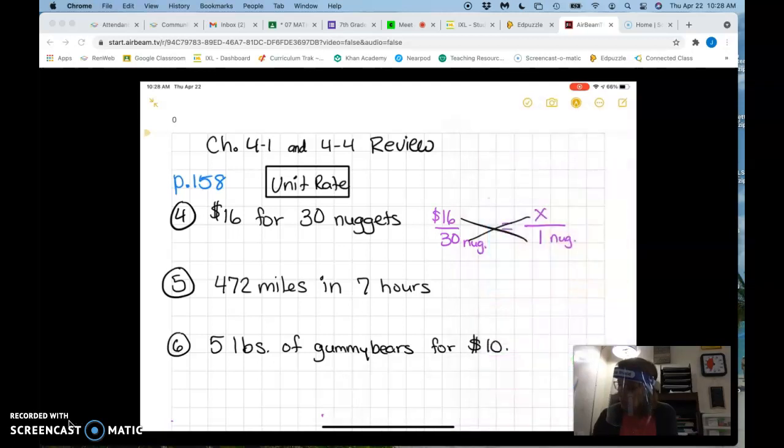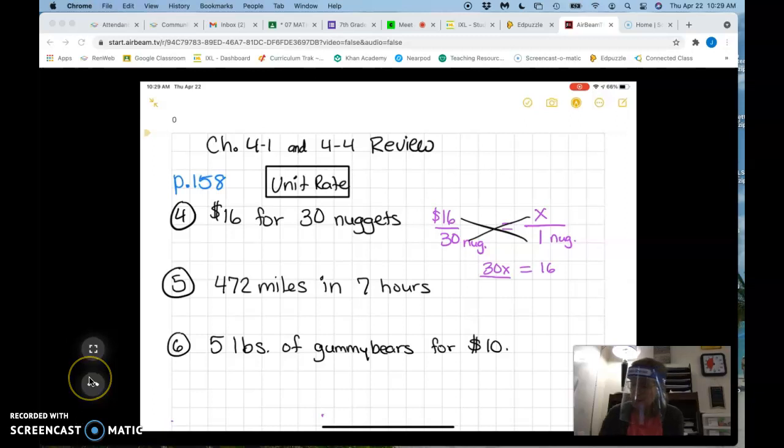So that means I have 30x equals 16 times 1, which is just 16. Now what do I have to divide by to get x alone? Oh, good, 30. And whatever I do to one side, I have to do to the other.